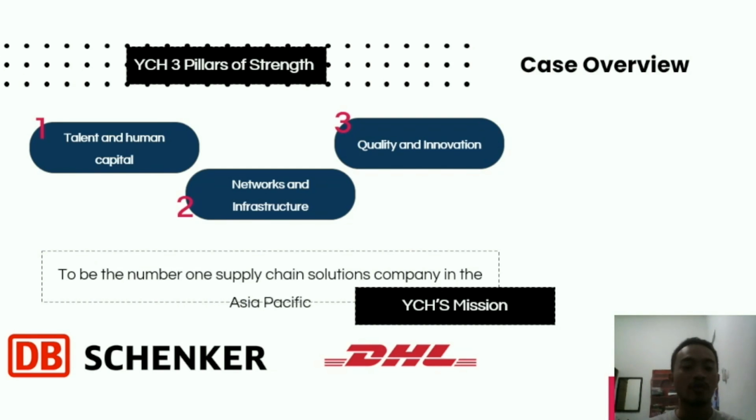YCH's mission was to be the number one supply chain solutions company in the Asia Pacific. They try to build depth into their network by expanding into the second-tier and third-tier cities of China and India. At the heart of the organization's expansion strategy were process optimization and innovation driven through the use of IT.